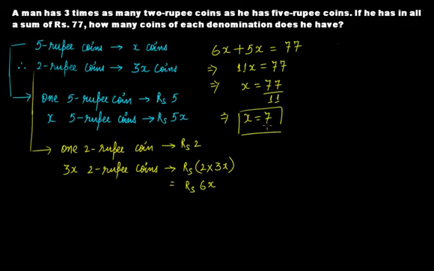X comes as 7, so it means here we have assumed that the quantity of 5 rupee coins is x coins, so the total quantity of 5 rupee coins is 7, and therefore the total quantity of 2 rupee coins will be 3 times 7, that is 21 coins. So the man has total 7 5 rupee coins and total 21 2 rupee coins.